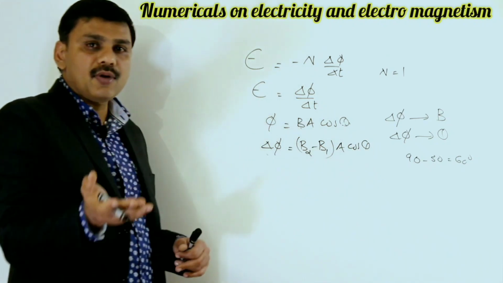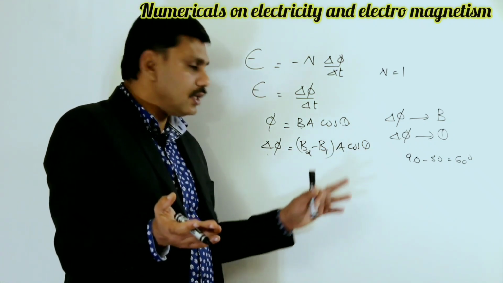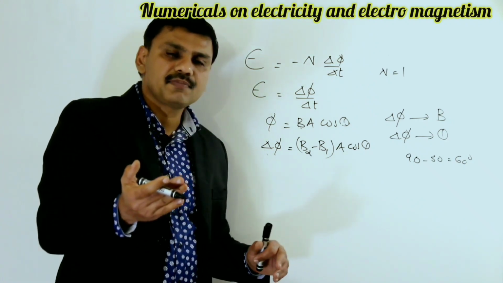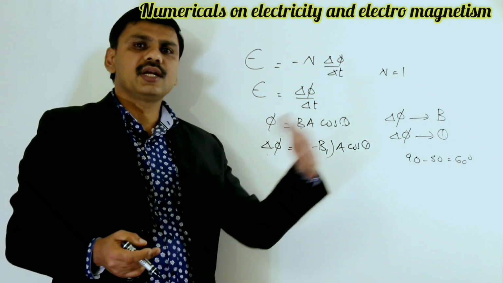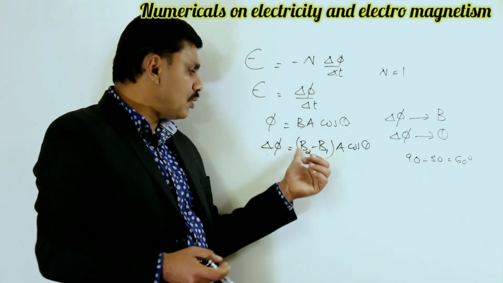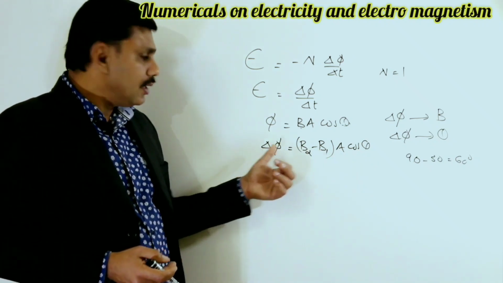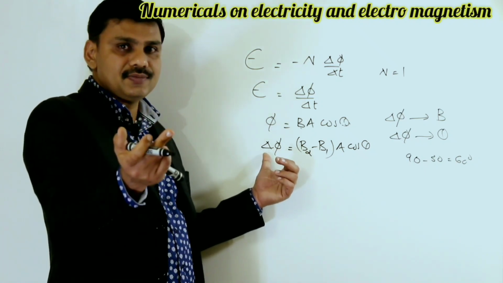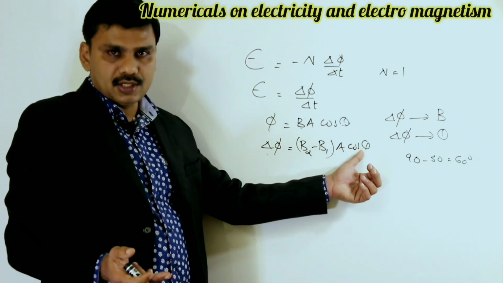Here the area is constant and theta is also constant. The magnetic field is expressed in Tesla, for example, 2 Tesla to 3 Tesla. So there will be a change in the magnetic field. B2 minus B1 produces delta phi. So change in the magnetic field produces change in the flux: B2 minus B1, then A, then cos theta.